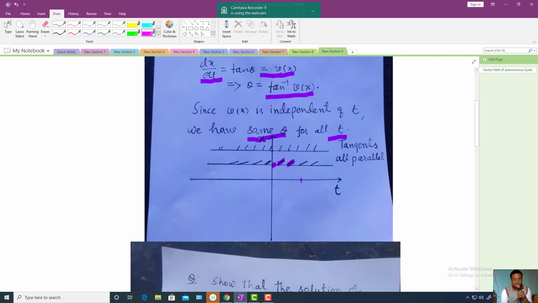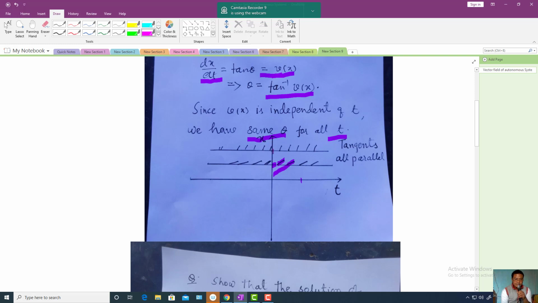That means the angle subtended by this line with the x-axis, suppose this is theta, is equal to the angle subtended by this line extended with the x-axis. So the tangent vectors are all parallel along this line. It is a set of parallel lines.